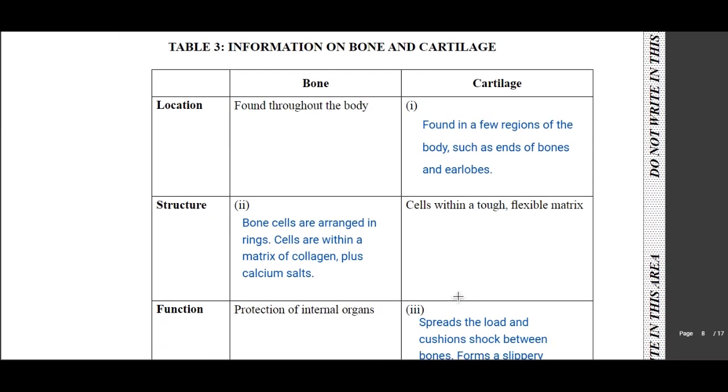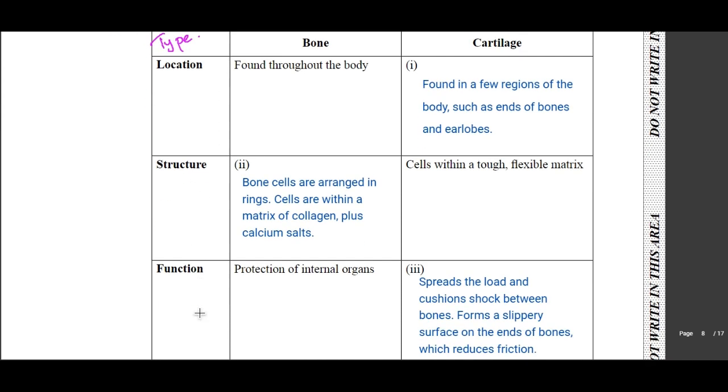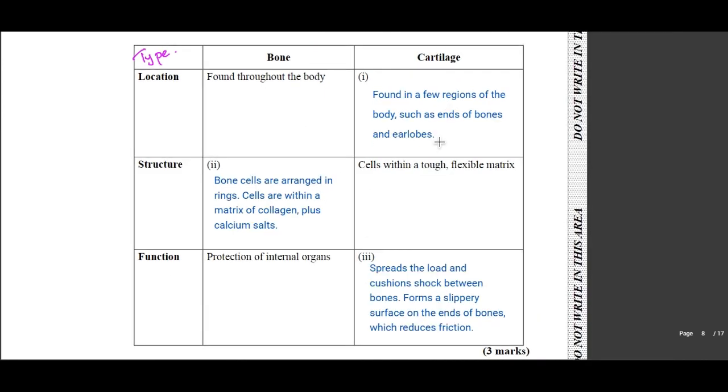So let's see what we have here. So on this side, we have features, type of feature, right? We have location, structure, and function. Let me zoom out a little bit, yeah, so we can see everything. And we're basically comparing. It's like a little comparison question here. All right.